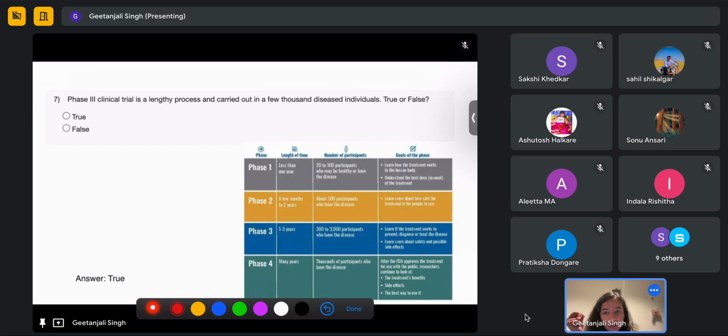And in phase 3, which is usually longer than phase 1 and phase 2, they take a larger group of diseased people and learn about side effects, the dosage, and how it treats the disease. Phase 4 can take up to so many years, and sometimes they don't even get approval for the market. So the correct answer here is true. It is quite a lengthy process, and it's carried out in a few thousand diseased individuals.